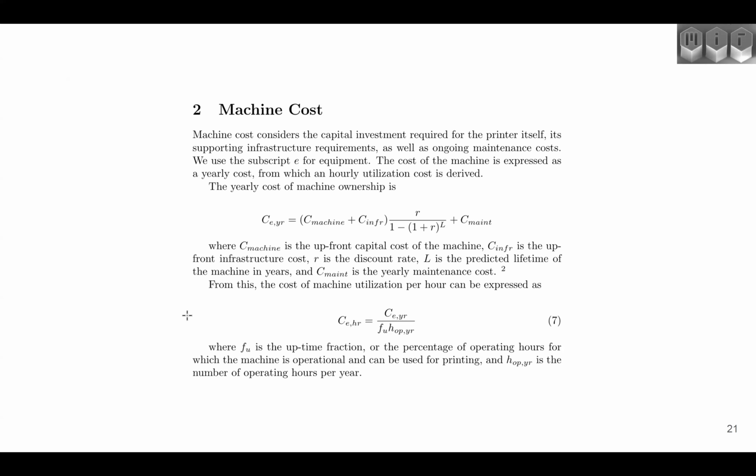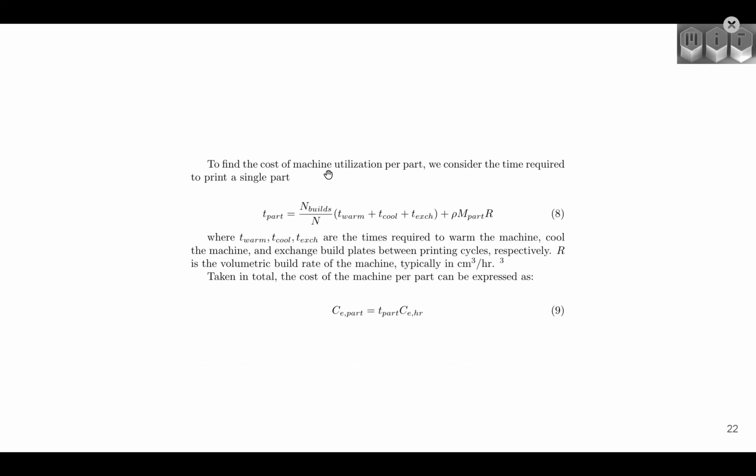But okay, this is just a more complicated formula, saying now we want to discretize that on a per part basis. And we're going to do that not just in terms of the amount of time that the machine is printing, but we also want to think about the time that it takes to set up a print. In some printers, they have to warm up, and then after they're done printing, they have to cool down before you can handle the parts. You might have to exchange build plates or load or unload material.